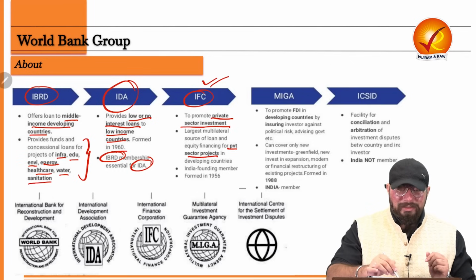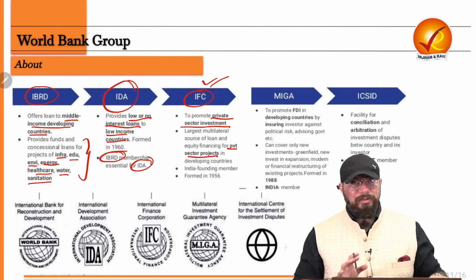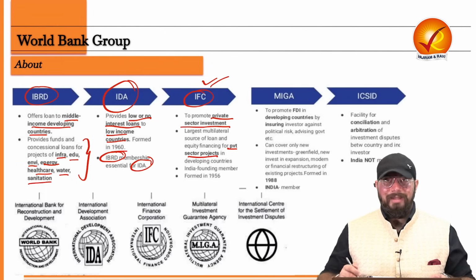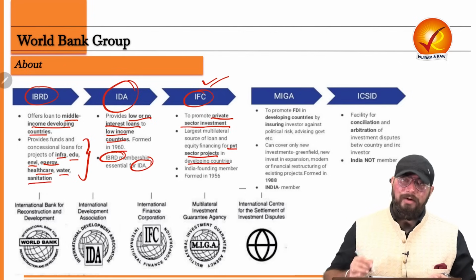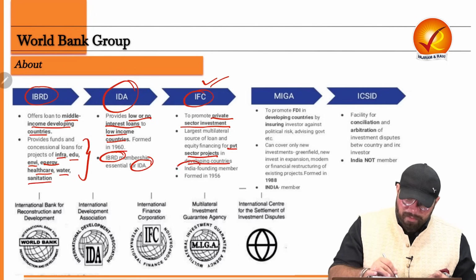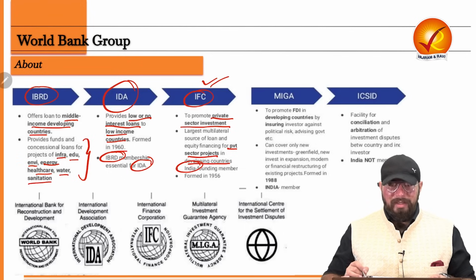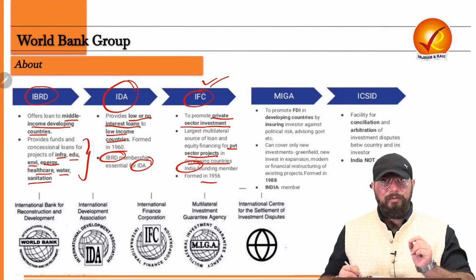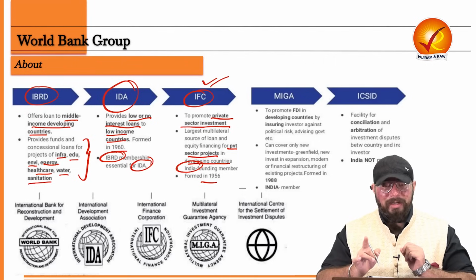But the IFC provides funding to private sector projects, in developing countries. Yes, India is a founding member of this IFC, and it was formed in the year 1956. So it is for private sector projects in developing countries that you have to understand.